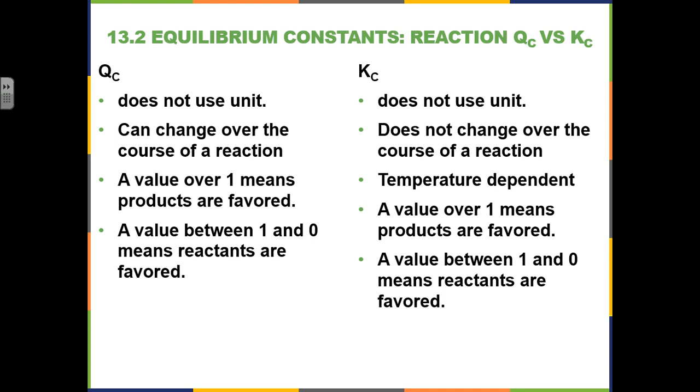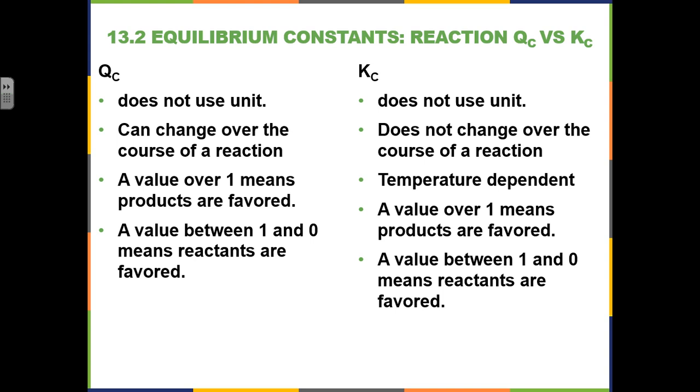Now, the QC can change over the course of a reaction. And in fact, there are some take-home values from the information of a QC. If the value is 1 or greater, that means the products are favored in your reaction. Now, if the value is between 1 and 0, it's going to mean that your reactants are favored.